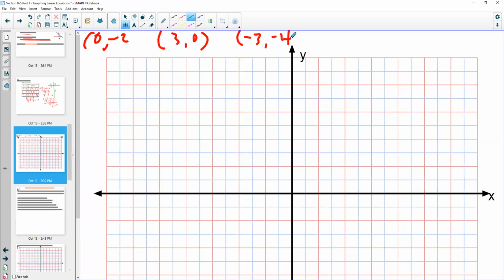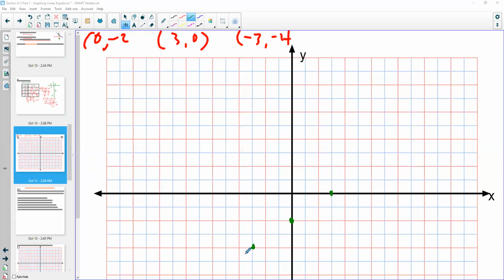Okay, so I'm going to graph them. So 0, negative 2 is over not at all, but down 2. 3, 0 is over here. 1, 2, 3. And negative 3, negative 4 is back 3, down 4. And now if I look at those points, they look collinear, right? I can draw a straight line through them.